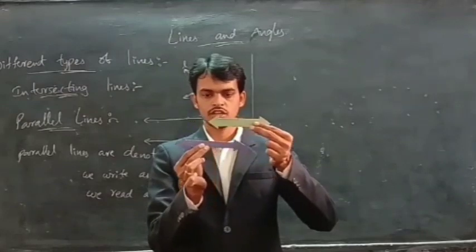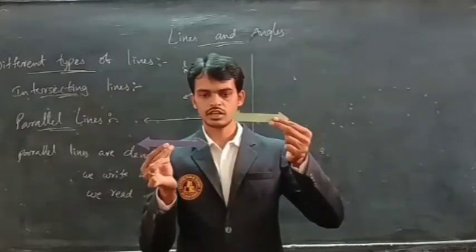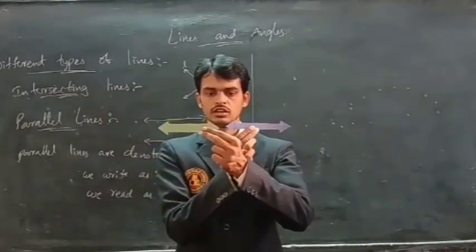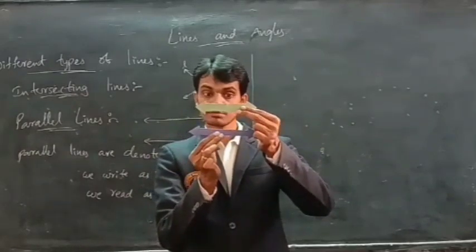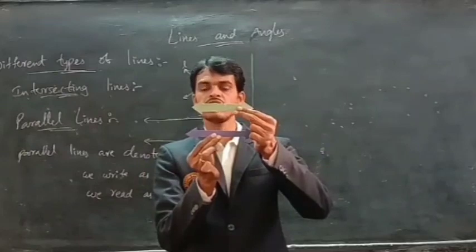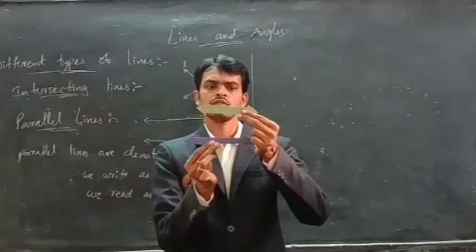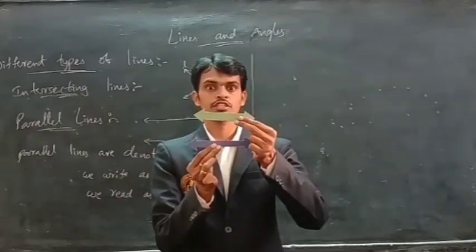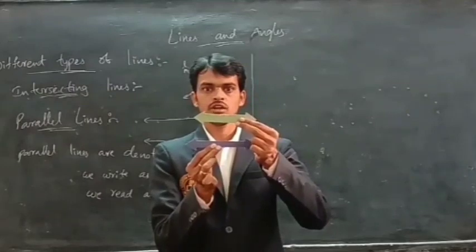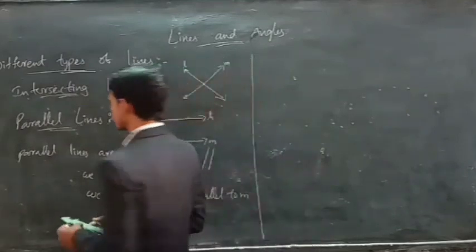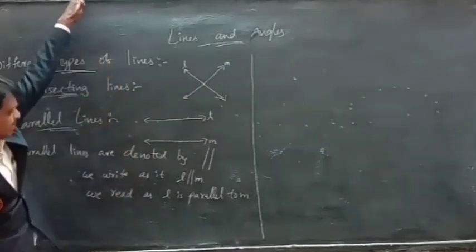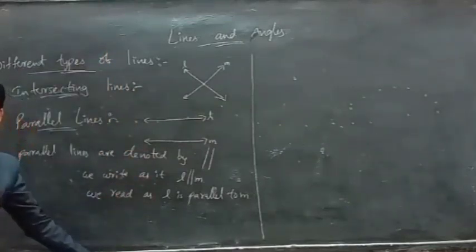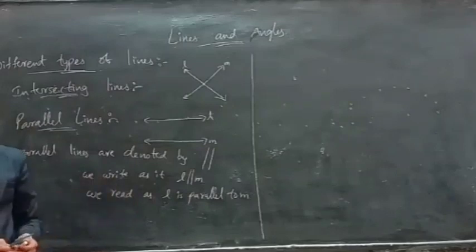No. If you rotate like this, or like this, will they intersect at any point? No. Such types of lines are called parallel lines. In our daily life, the best example is train tracks. Also, look at this board. Opposite edges of a board are also parallel lines.